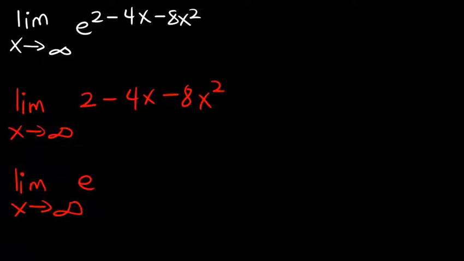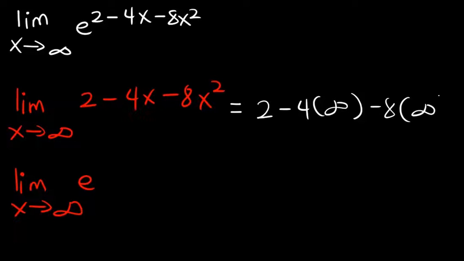Let's try the direct substitution. You're going to have 2 minus 4 multiplying infinity, minus 8 multiplying infinity squared. So if you look at this, we have 2, and then we are subtracting 4 multiplied by infinity from it, and also subtracting 8 multiplied by infinity squared from it.